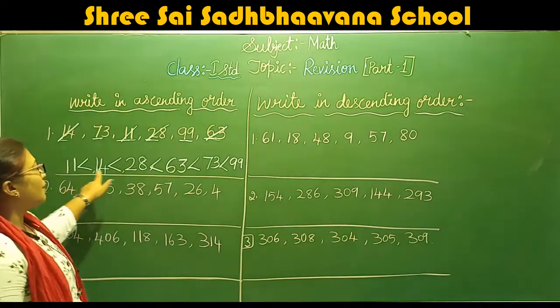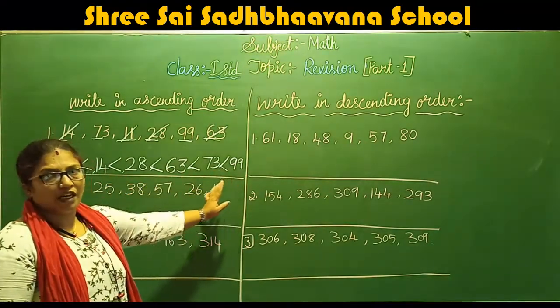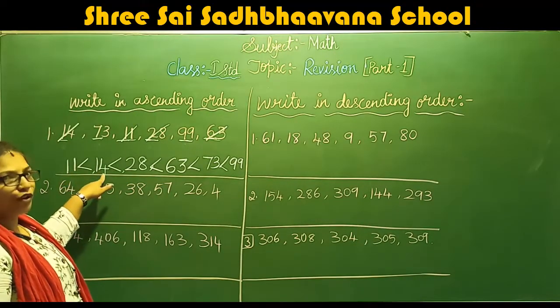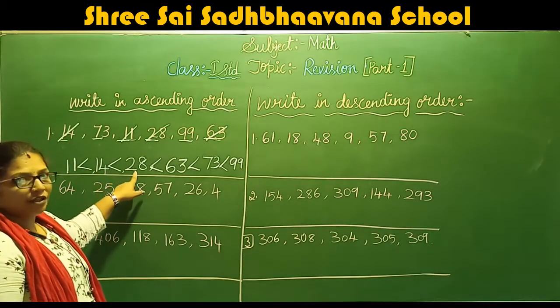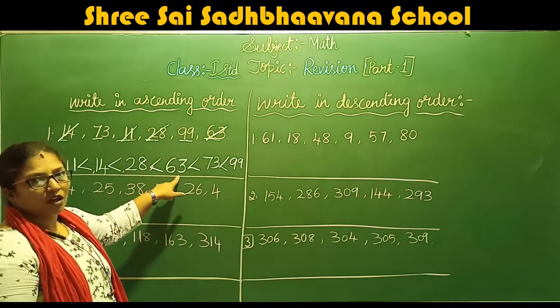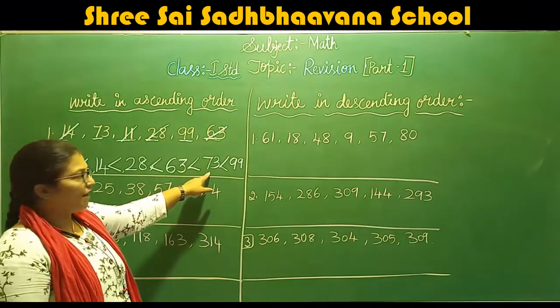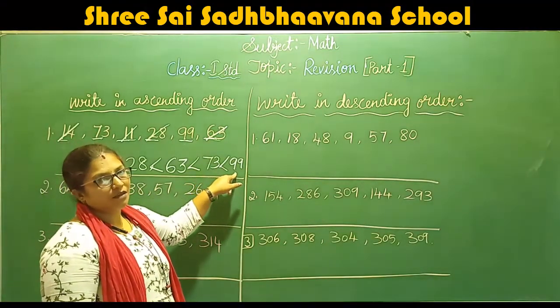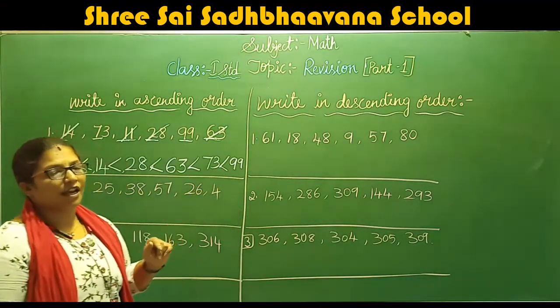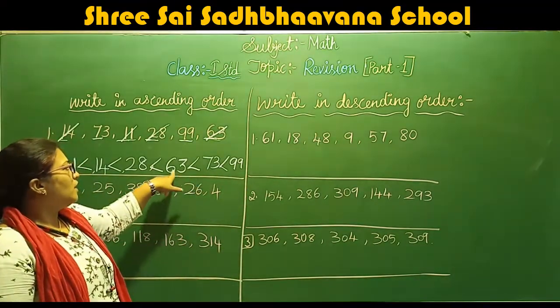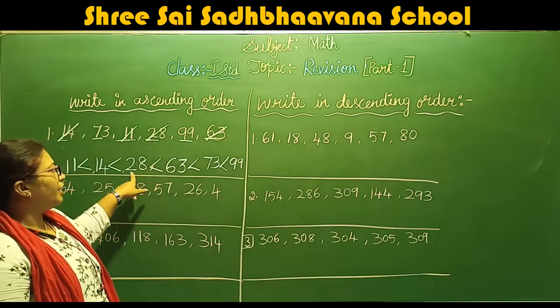So why have I written the symbol? Because we wrote from small to big, right? 11 is smaller than 14. 14 is smaller than 28. 28 is smaller than 63. 63 is smaller than 73. 73 is smaller than 99. So from small to big we wrote, and the symbol is showing this: this is smaller than this.